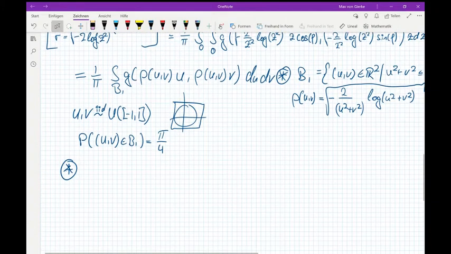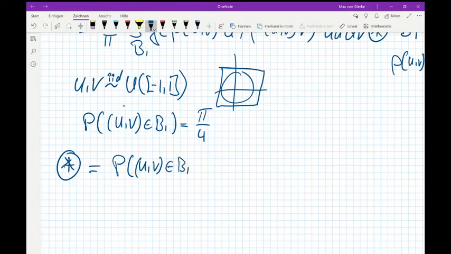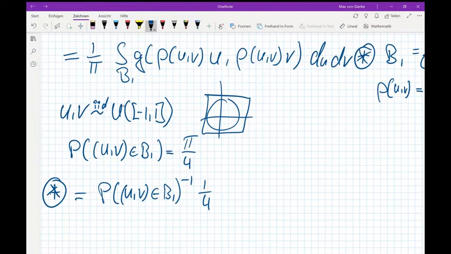So what we do is this is equal to the probability UV is in B1, which is pi over 4, times 1 over 4. So you can see this is 1 over pi. So we got from this expression to this expression.